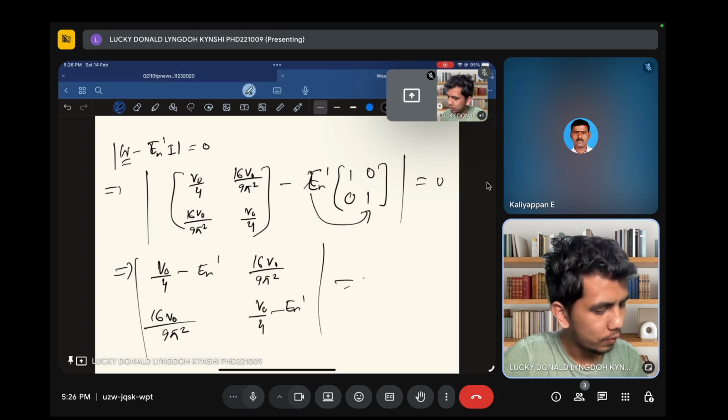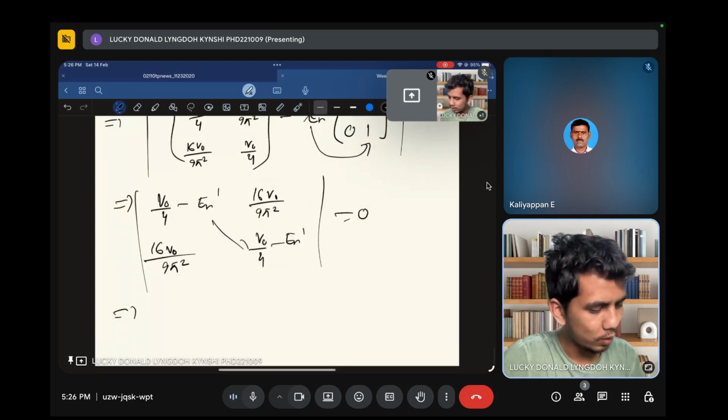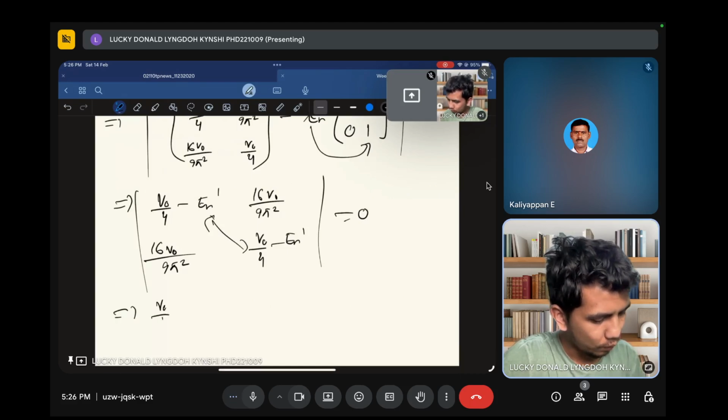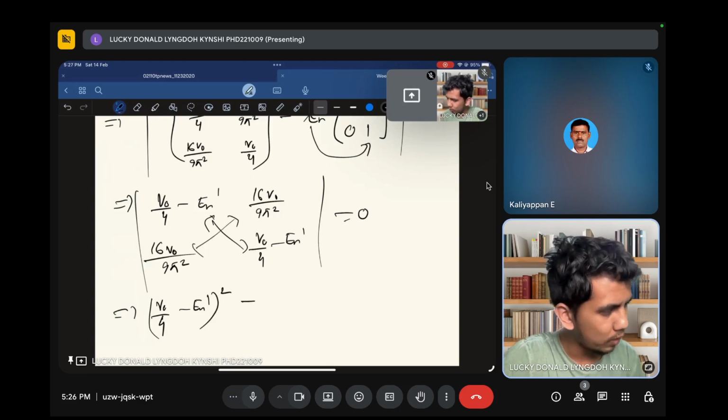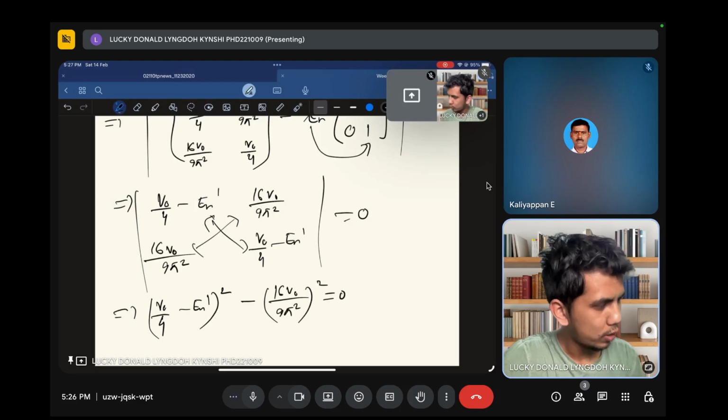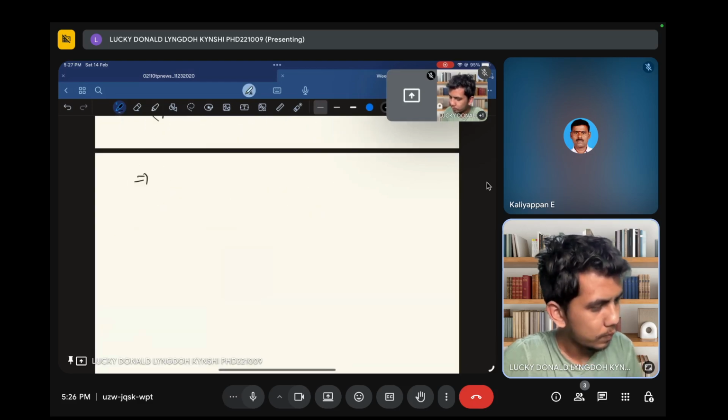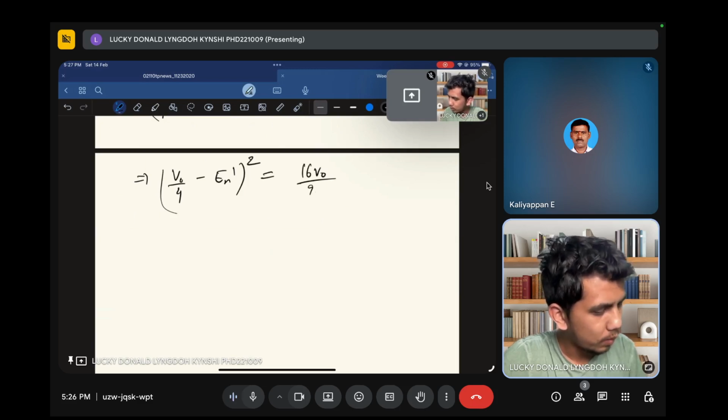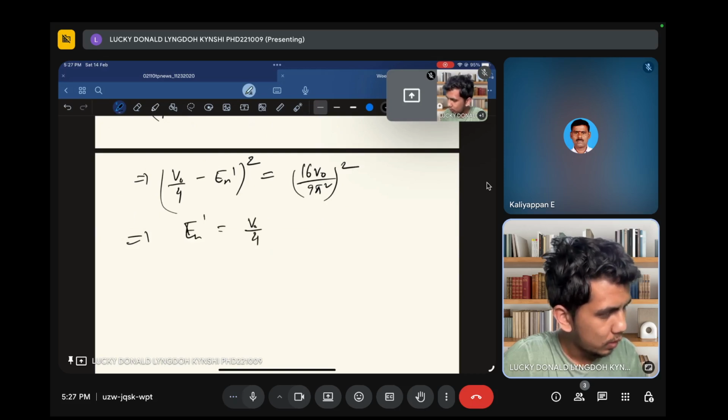So this is a determinant equation. The diagonal terms get multiplied, so it will be V naught divided by 4 minus E_n1 whole square, minus 16 V naught divided by 9 pi square whole square, equal to 0. So if you do this, you get V naught divided by 4 minus E_n1, that is the first order constant term, squared, equal to 16 V naught divided by 9 pi square whole square. So E_n1 will be equal to V naught divided by 4 plus or minus 16 V naught divided by 9 pi square.